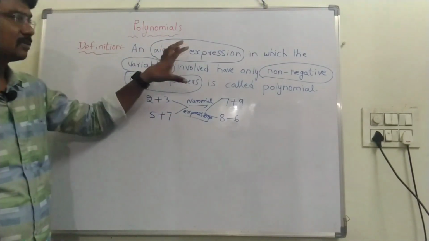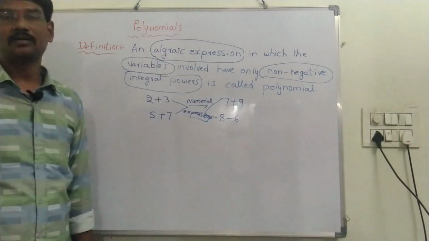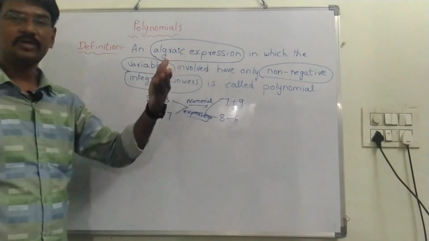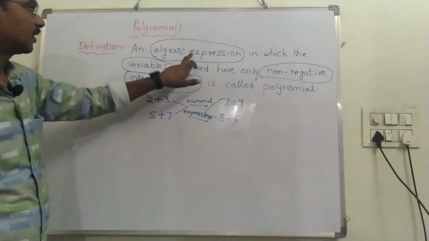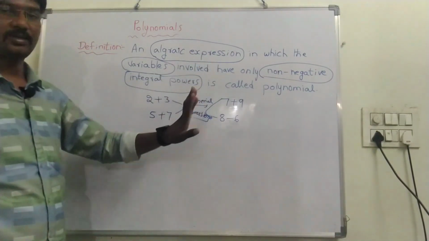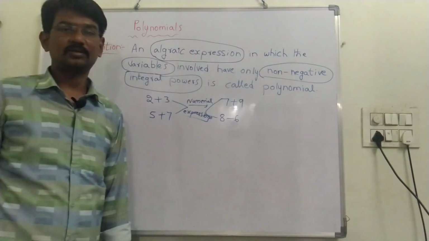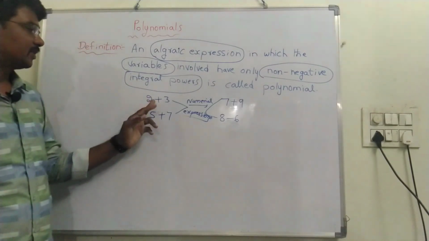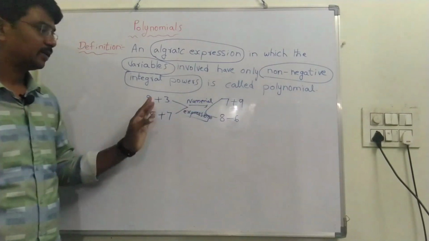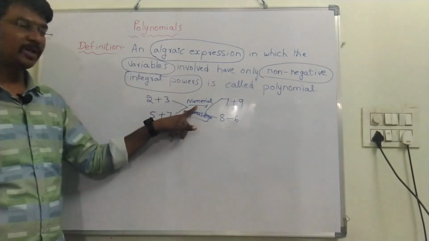That's why we are first focusing on every individual word which we don't understand. First, expression. But what is our word here? Algebraic expression. Where there are numbers involved in an expression, that expression is called a numerical expression.